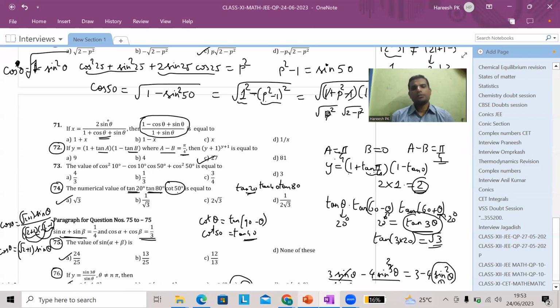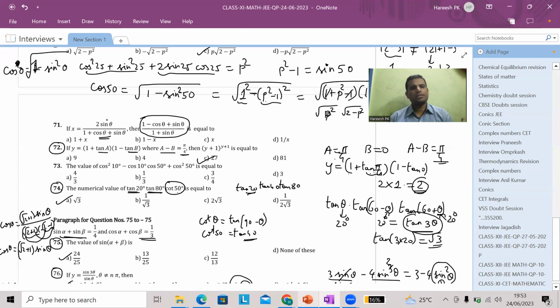Here. So if I need 2 sine theta, probably we'll have to either rationalize this or rationalize this. So let us see. Or you can put 30° also, but it will be a little cumbersome.